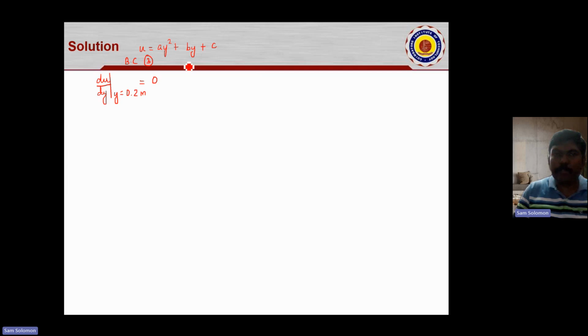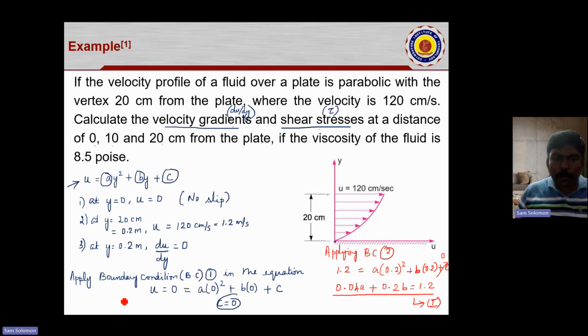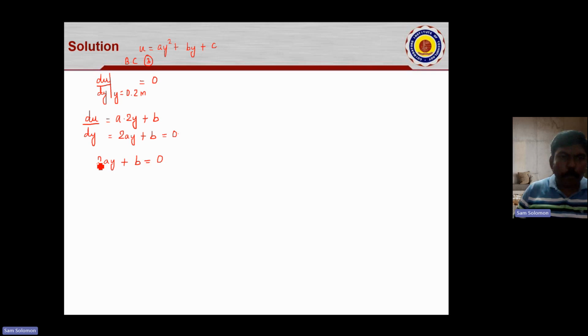So first I need to differentiate this. So du by dy is going to be equal to a times 2y plus b. So that is 2ay plus b, and this is equal to 0.